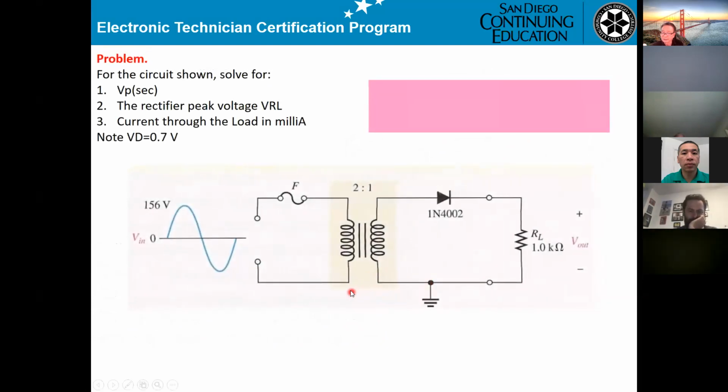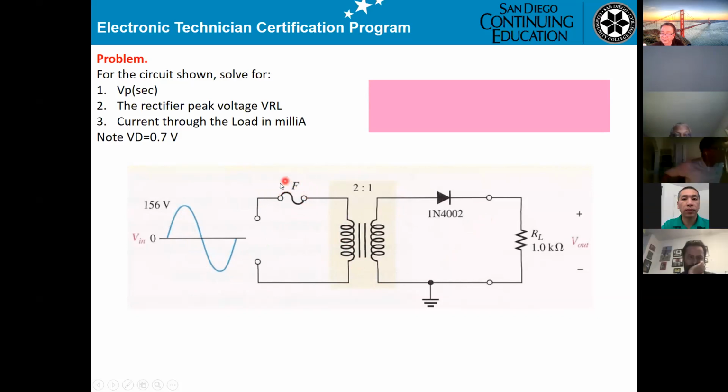Now, on this one, they are using a transformer. And they want to apply the sideway and they want to get the output here. First thing, you see the input will be 156 volt. You know what this is here? It's a fuse.